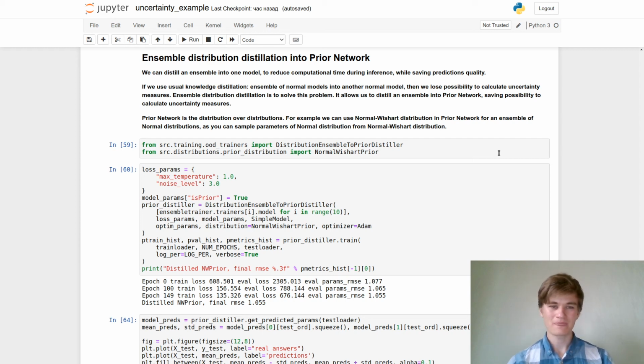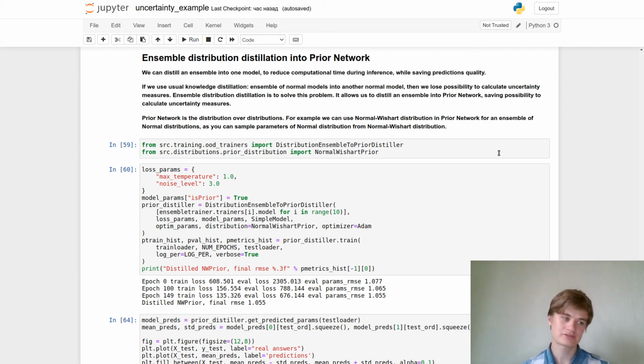Usually in this standard knowledge distillation, data scientists distill an ensemble into one model with the same structure. For example, you can distill an ensemble of Gaussian models into one Gaussian model.